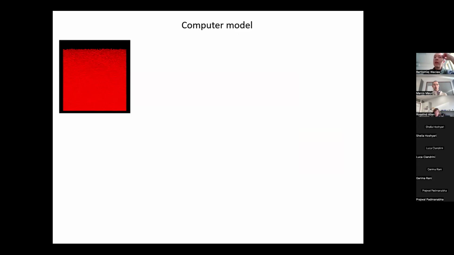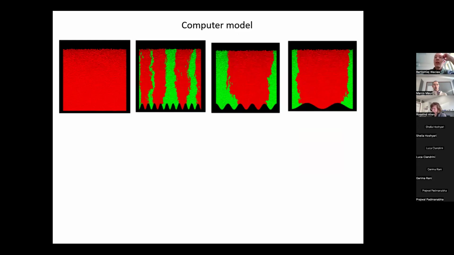But it turns out that this is not what will happen in corrugated bottom wells, because these corrugations arrest the spread of the fitter variant. Even though the fitter variant can in principle grow much, much faster than the less fit variant, it will not be able to spread because, in order to do this, it has to somehow move around at the bottom.